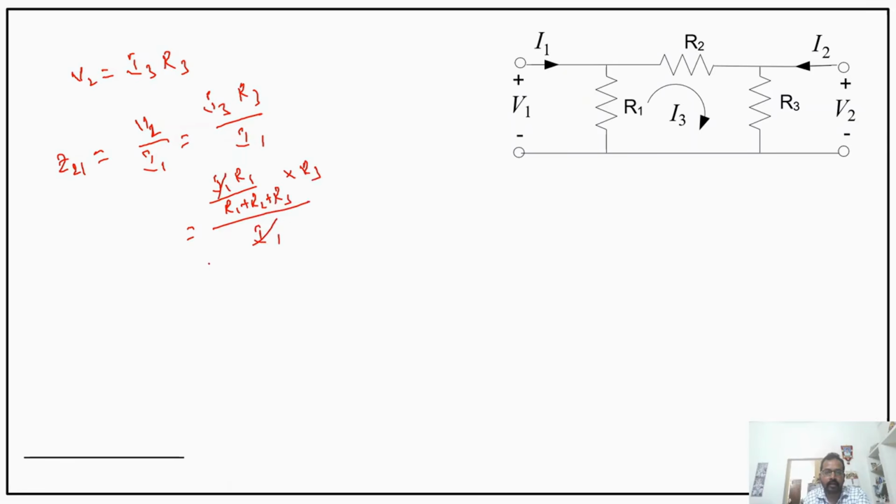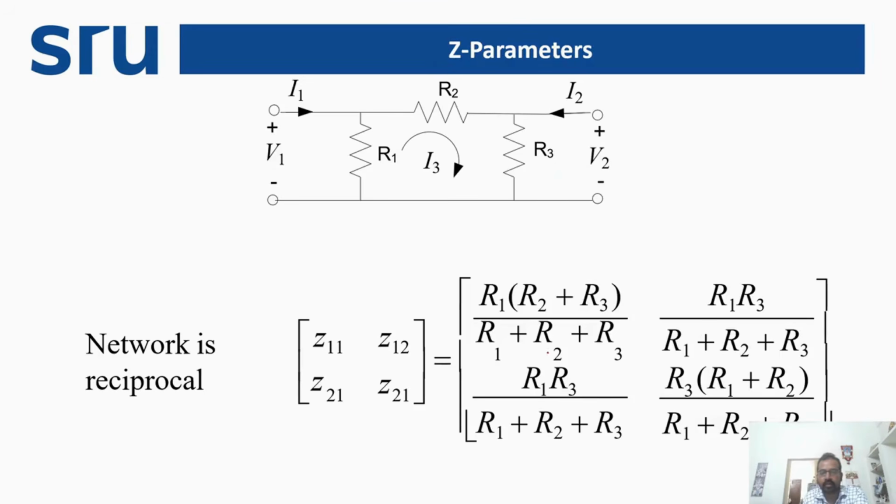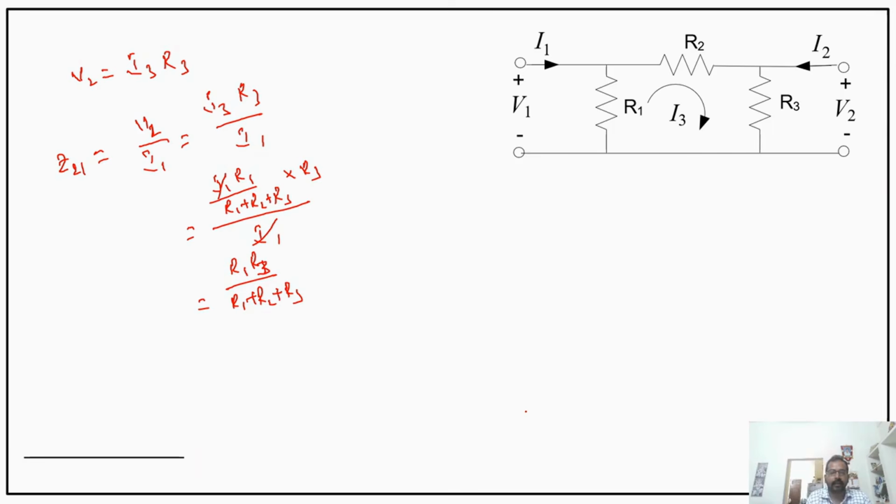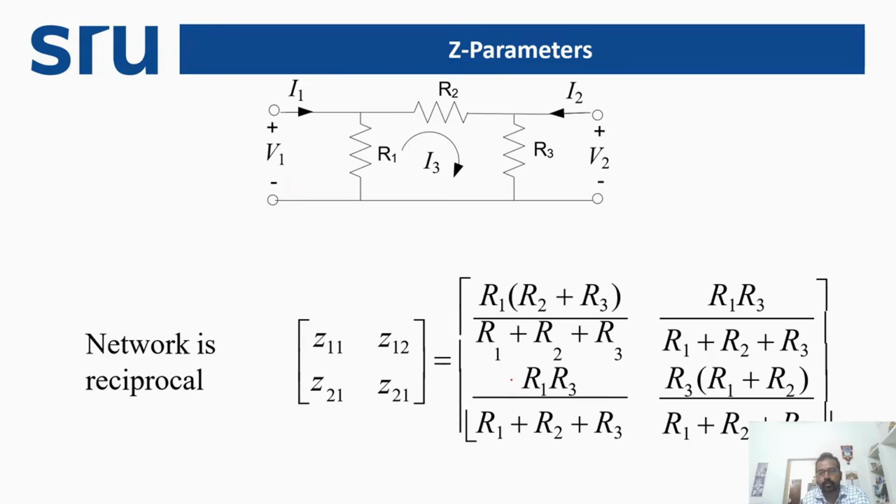So my I1 gets cancelled, and we get R1 R3 divided by R1 plus R2 plus R3. This is the same value which we got previously. In this way we find the values of Z11 and Z21. Now let us take case 2.